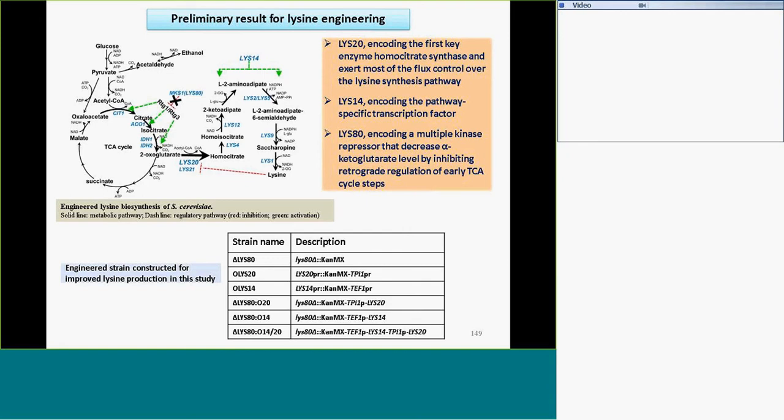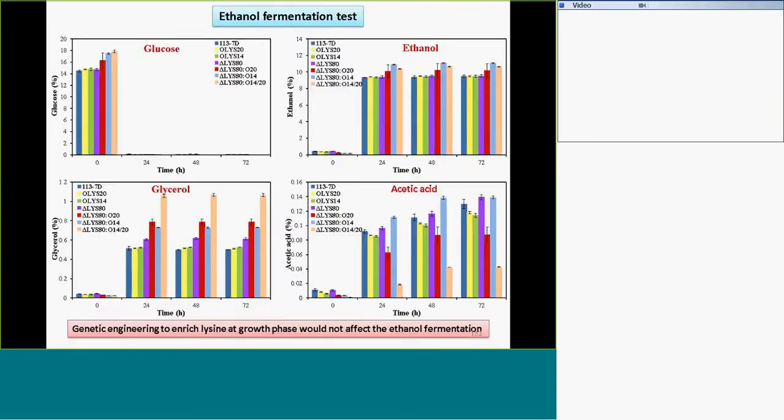There are several factors a researcher has to take care of here. They need to improve the lysine production concentration. They also need to make the ethanol production the same or improve it. So the project is still going on.